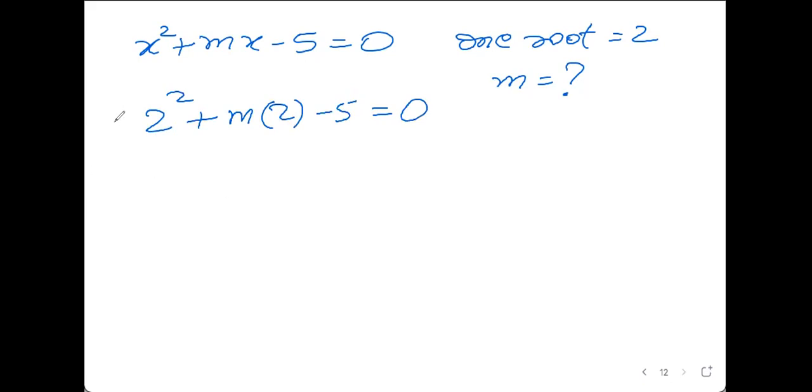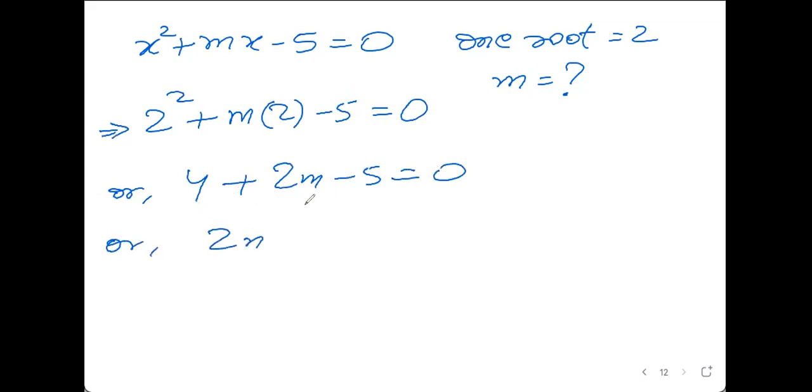I don't know who is right, who is wrong. So 2 square is 4 plus m into 2 is 2m minus 5 equals to 0. I will write 2m first. 4 minus 5 is minus 1 equals to 0.